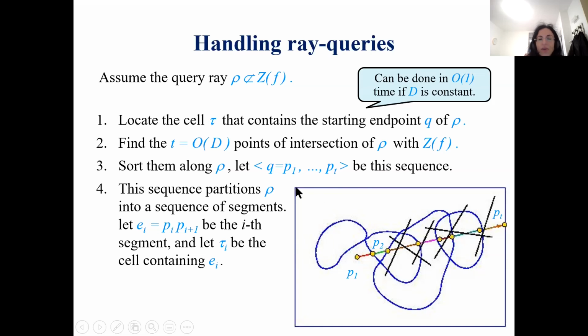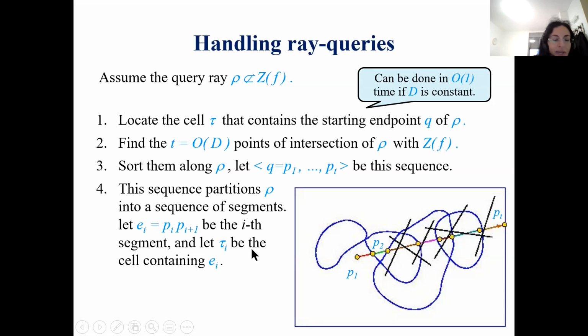For technical reasons, we also need to take a bounding box for the triangles, but this is not very important for this presentation. Then the sequence of intersection points of the ray rho with the zero set Z(F) partitions rho into a sequence of segments, p1p2, p2p3, and so on.